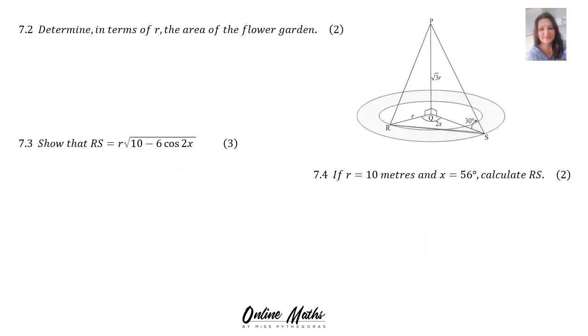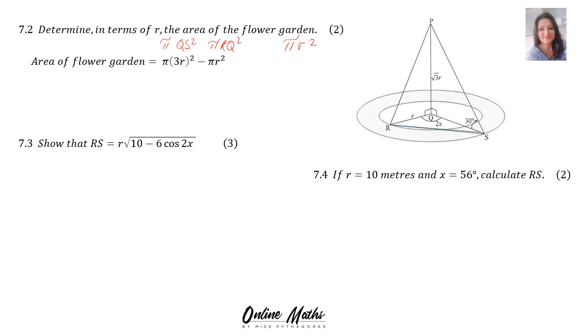7.2. Determine in terms of r the area of the flower garden. So the area of the flower garden is the shaded part. What we're going to do is say it's the big circle's area minus the small circle's area. The equation for area is pi r squared. This one is pi and the r for the big circle is QS, and the small circle is pi and the radius there is RQ, squared.